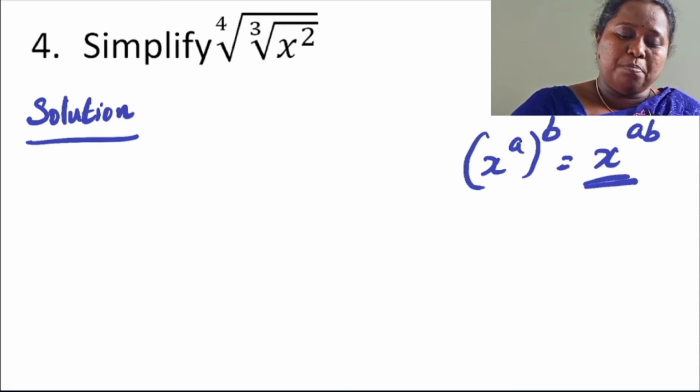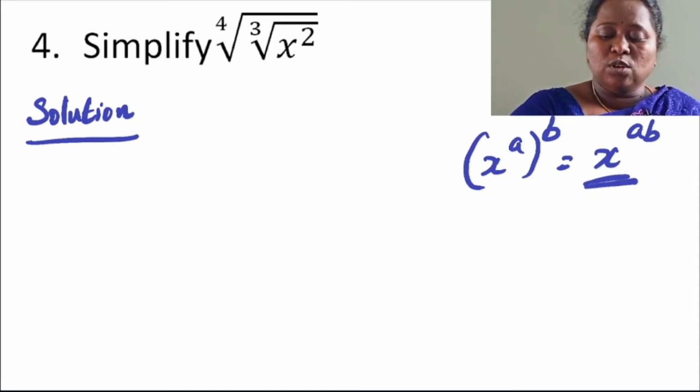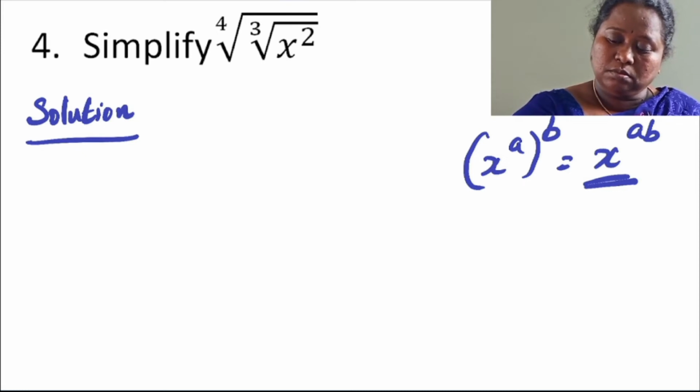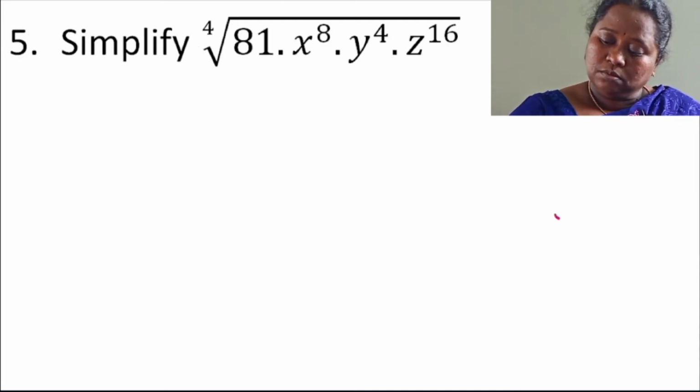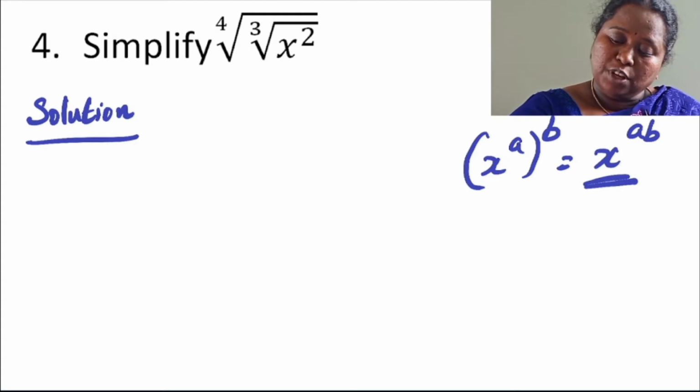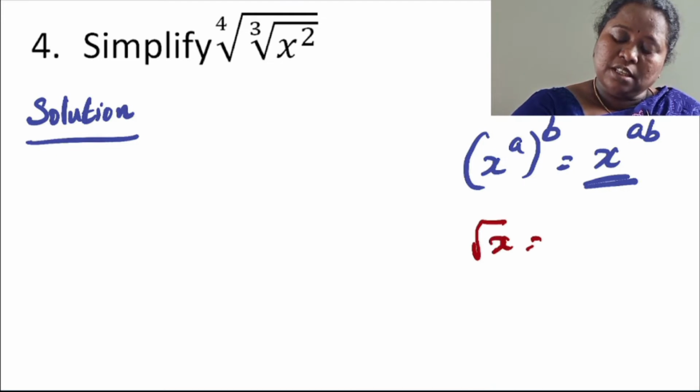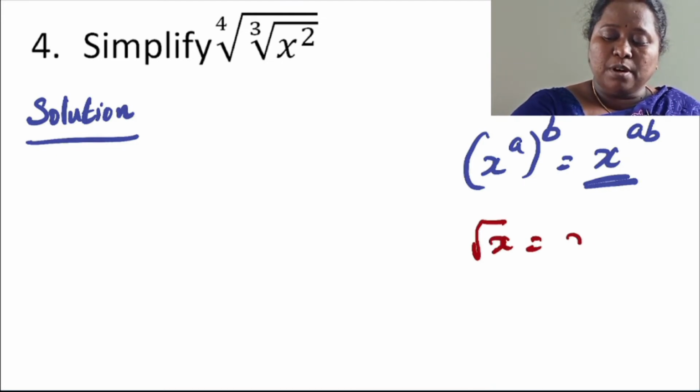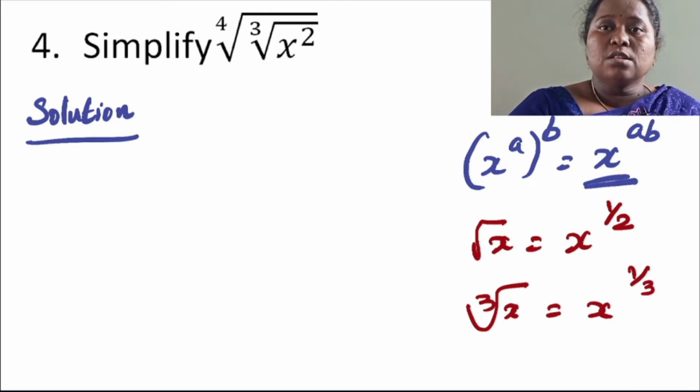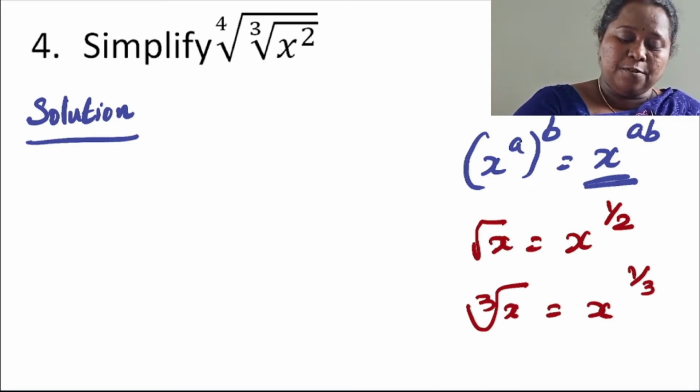We know that root x is equal to x power 1 by 2, and cube root of x is equal to x power 1 by 3. So, I am going to apply this first.